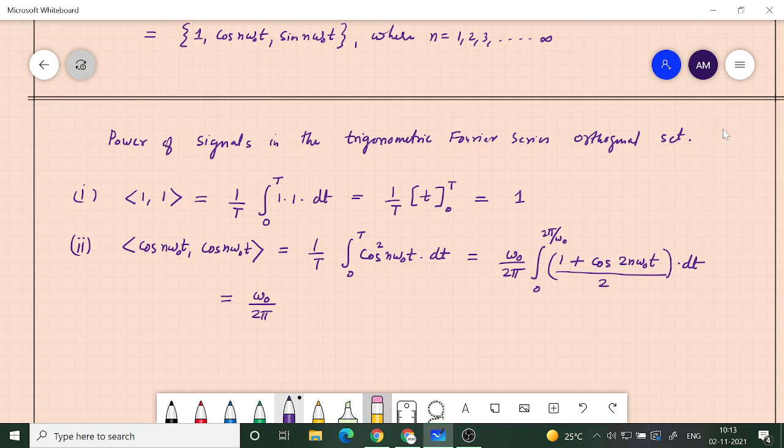So that is omega 0 by 4 pi, because there is a 2 coming from here. And then I have two integrations. The first one is basically integral 0 to 2 pi by omega naught dt, and the second one is integral 0 to 2 pi by omega naught cos 2n omega naught t dt.